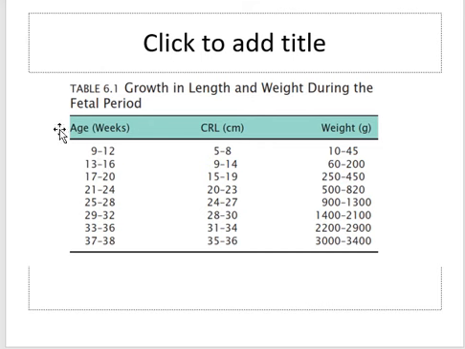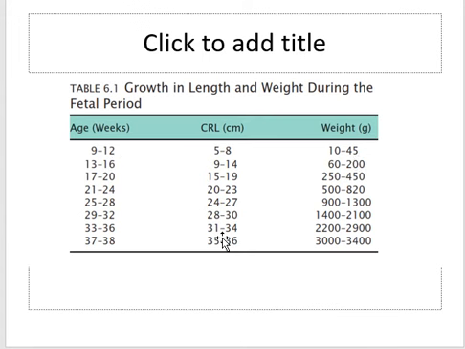We can calculate the age in weeks or in months, but here we have calculated the age of the fetus in weeks. If the crown rump length is 5 to 8 centimeters, the age is approximately 9 to 12 weeks. If the weight is 10 to 45 grams, then the age is 9 to 12 weeks.